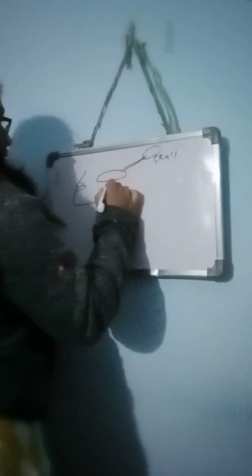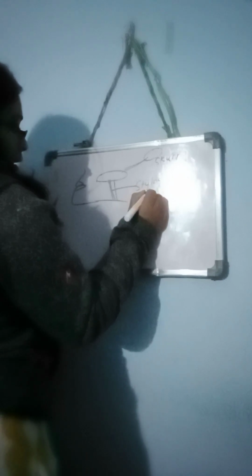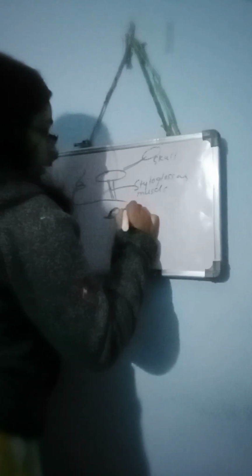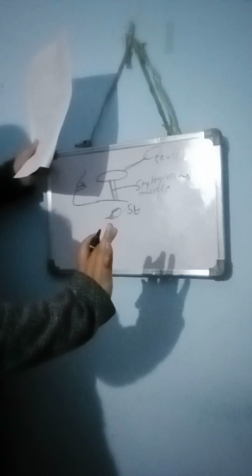Now coming to the styloglossus muscle. If this was the mouth and this was the tongue, then from the skull, the styloid process, the muscle originating is the styloglossus muscle. It originates from the styloid process of the skull.